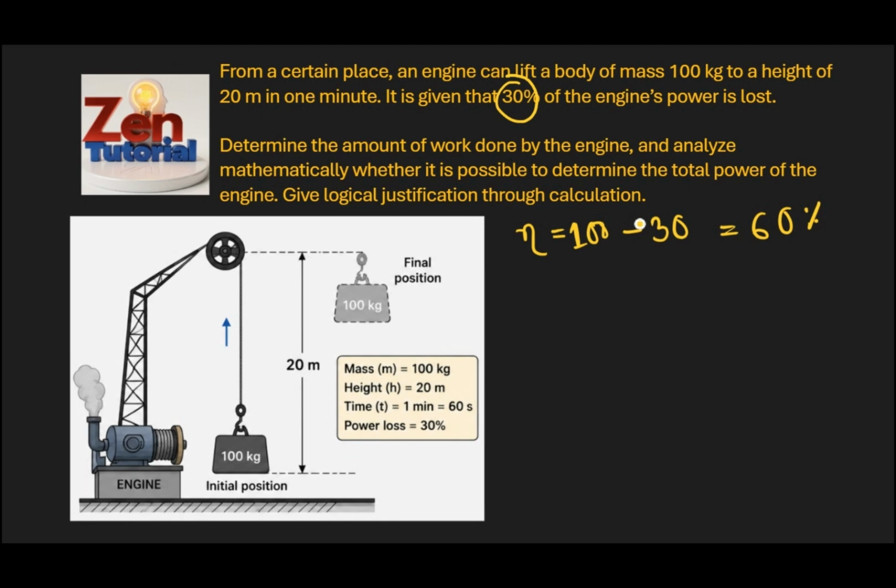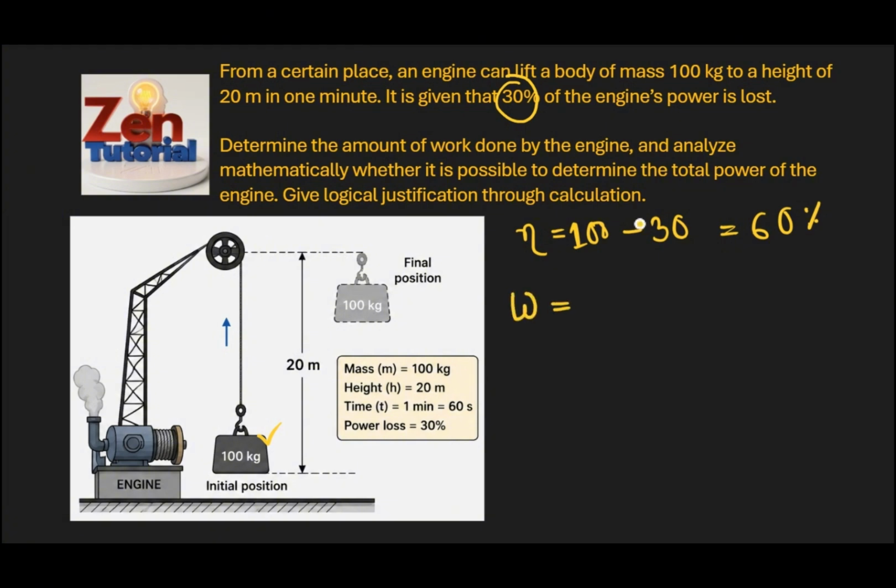And the mass of this object is 100 kg, and the height from the ground to 20 meters is also given, and the time taken for lifting from the ground to 20 meters is 1 minute, which is 60 seconds. So the very first question, we have to calculate the work done.